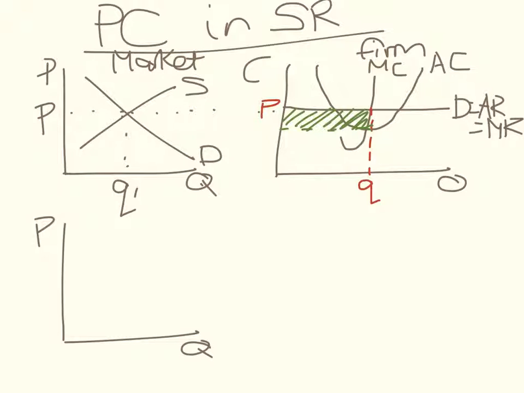But the problem is, because a perfectly competitive market is one where there are very few barriers to entry, if any, and there is also perfect information, firms will not only know the price that other firms are charging, it doesn't just work for consumers. Other firms will instantly know that these firms are making profits.